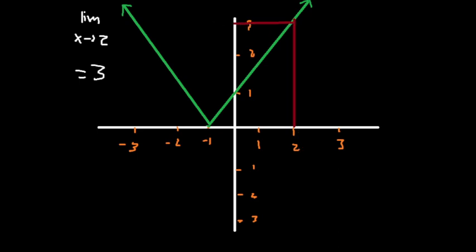So, ang limit ng graph na to is equal to 3. If you notice, this is just the graph of the absolute value of x plus 1, but it doesn't matter kasi hindi naman ibibigay yung function, yung graph lang naman.